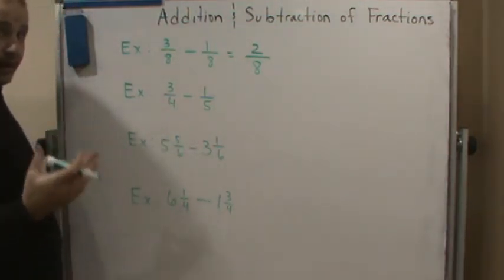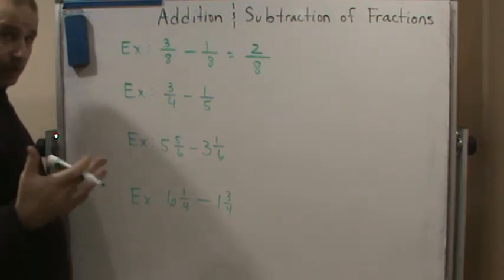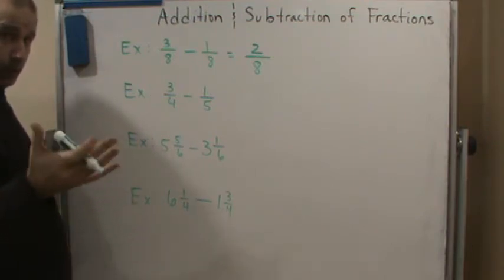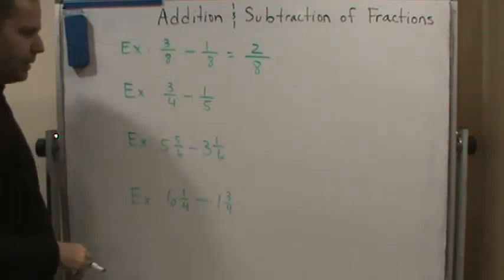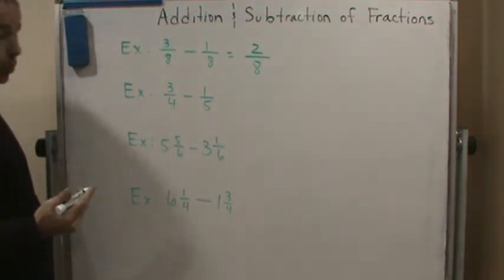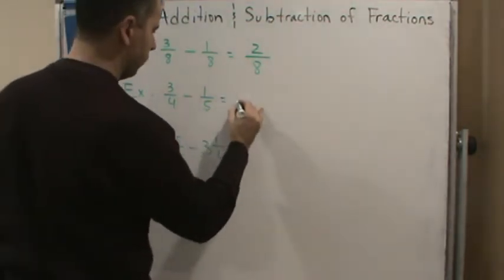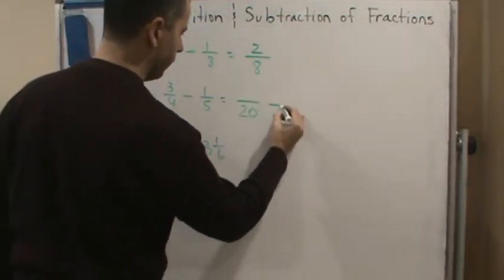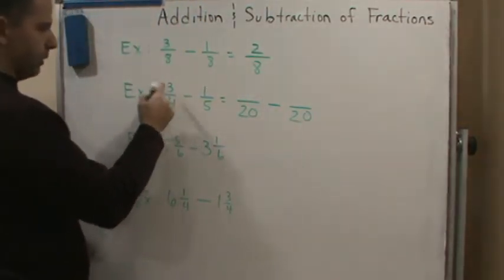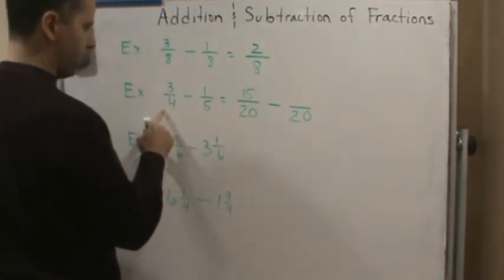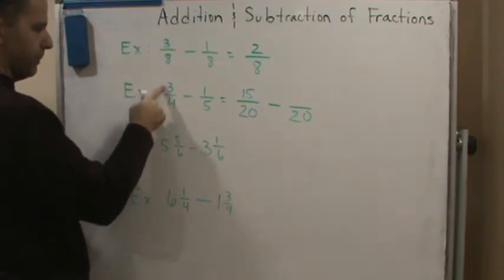So we're going to need to find the least common denominator, or in other words, the least common multiple. And in this case, the least common multiple is going to be 20. So this is going to equal what? Well, 5 times 3 is 15, so that's going to be 15 20ths over here because we're going to multiply the top and the bottom by 5.